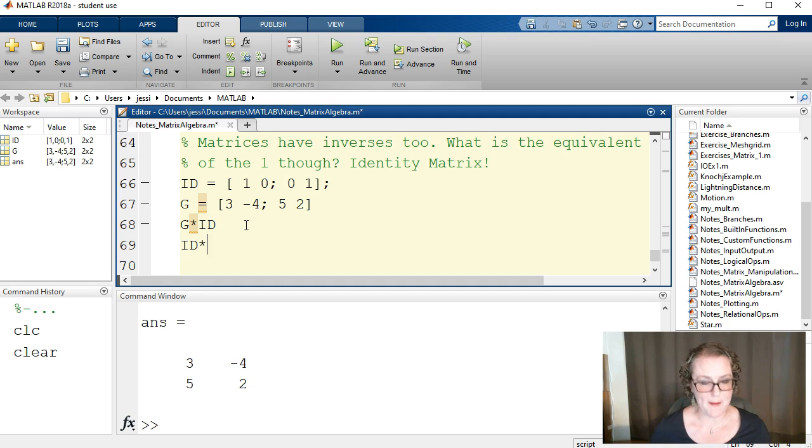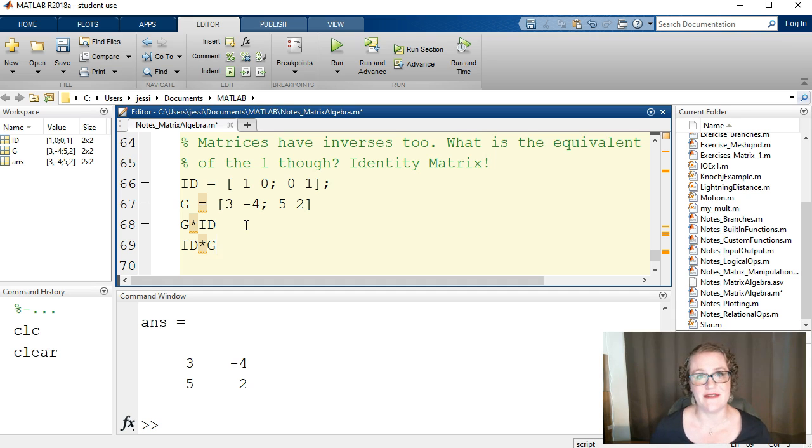Notice that in matrix multiplication, multiplying on the left is different than multiplying on the right. It's not commutative. We saw that because the sizes have to match up, but it's also true for 2x2 matrices or any square matrices.